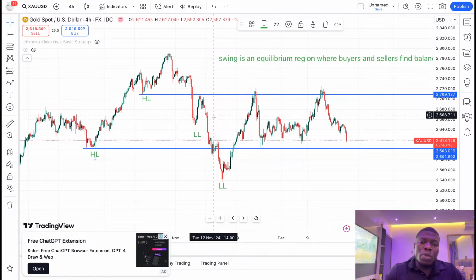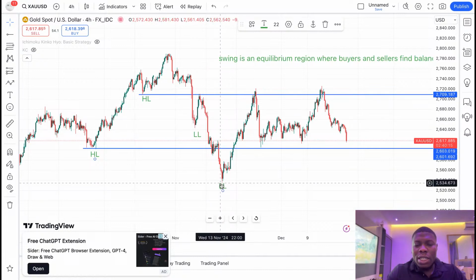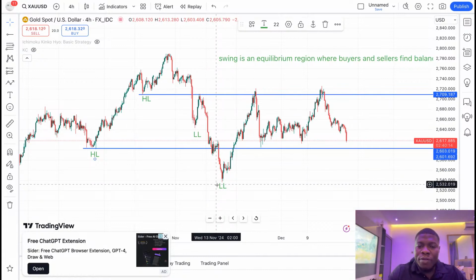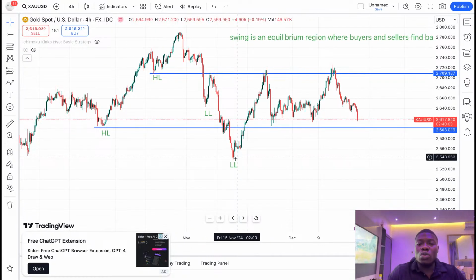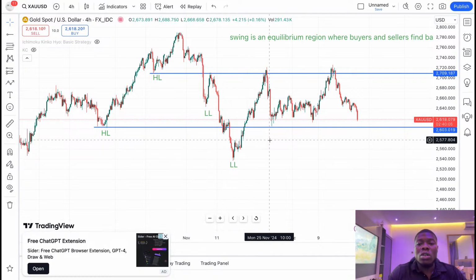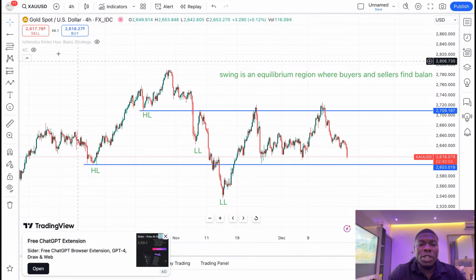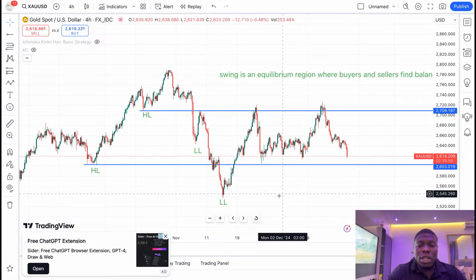Okay, so mind you, if price makes this low, confirming that it's in a downtrend, you have to make other analysis to know where the price will go. Now, this will be your invalidation point. This will be your invalidation point.